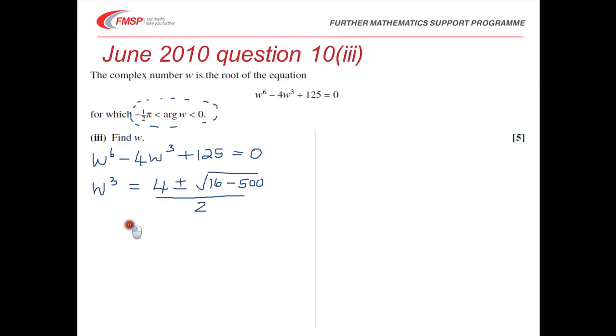So we end up with 4 plus or minus the square root of minus 484 over 2. We shouldn't be surprised about the negative sign because we know it's complex, and the square root of 484 is 22, so it's 4 plus or minus 22i over 2. Sorry, that was a plus, so that's 2 plus or minus 11i.